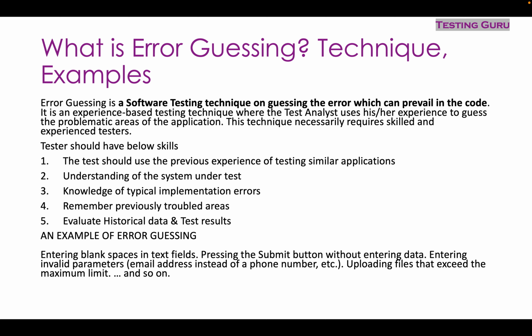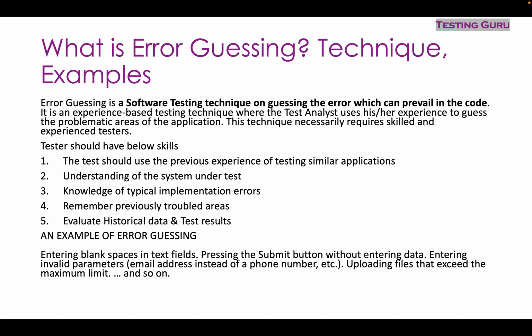The person who is going to test it should have a complete understanding of the system. Then he will be able to find the defects, or guess the errors. The third one is knowledge of typical implementation errors, usually where the implementation errors will be. That knowledge should be there, and based on that, he can guess the errors.